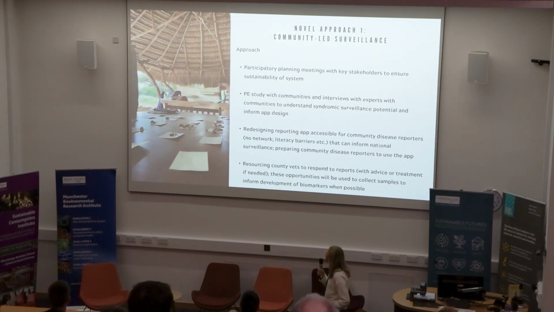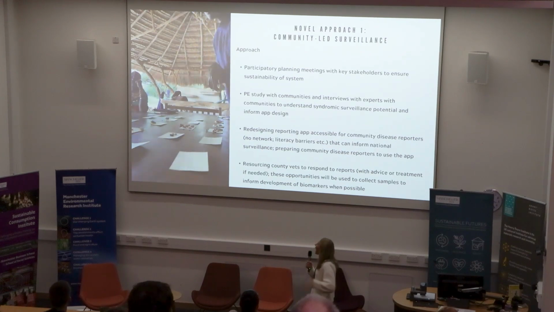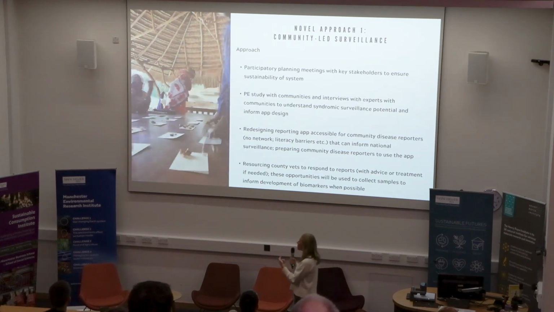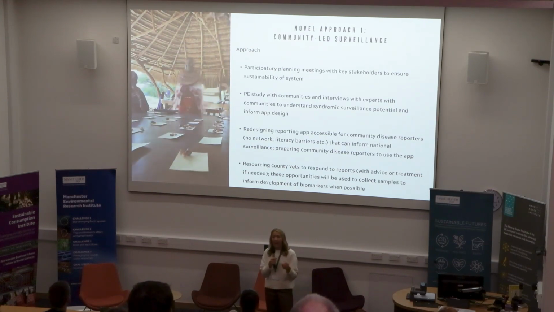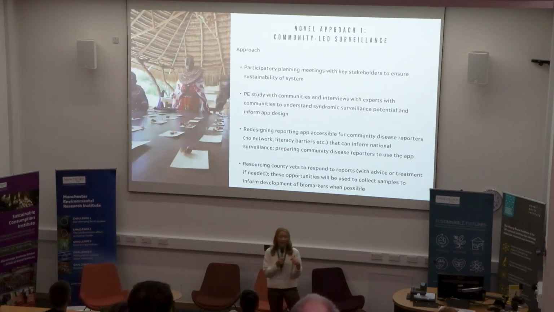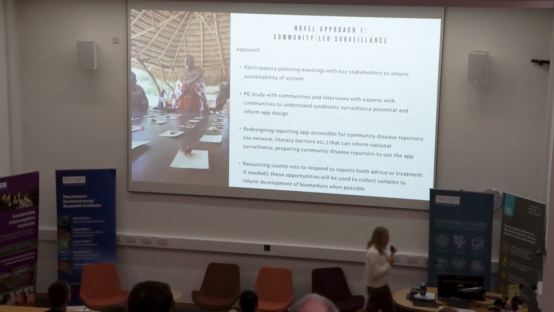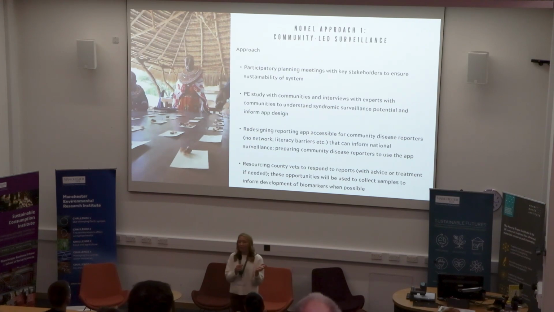They're telling us with stones what diseases they see most often in different seasons, and that's allowed us to build our app informed by what they see as a priority and how they would describe and report on the symptoms in wildlife. With that information in place, we've now redesigned the app that was being used for livestock. And next month, hopefully, if things go as planned, they'll start reporting using this app. That app will feed to county vet officials and wildlife authorities.